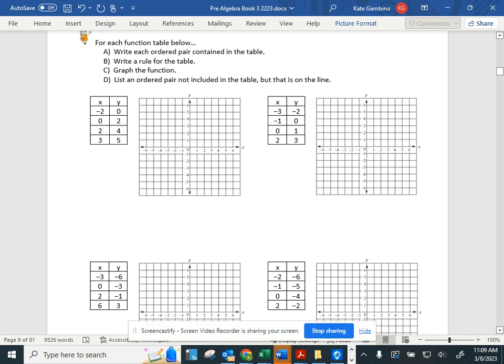The first thing I want to remind us is that when we do an ordered pair, it's always alphabetical. X, then Y. Always alphabetical. X, Y. So the first one is the X, the second one is the Y. Important to remember because it always tricks up at least one person in the class.